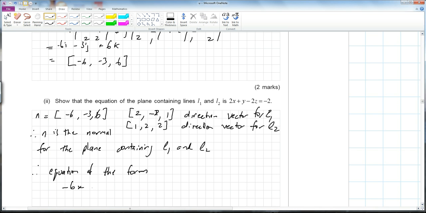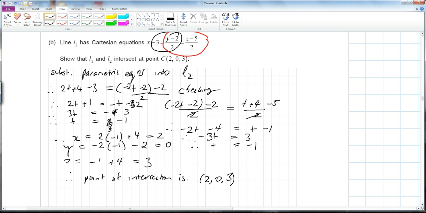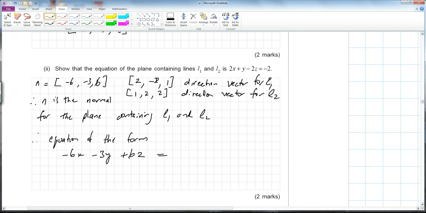So our equation is going to be of the form minus 6x minus 3y plus 6z equals, and we know that those two lines meet at 2, 0, 3, so we can go minus 6 times 2 plus minus 3 times 0, plus 6 times 3.